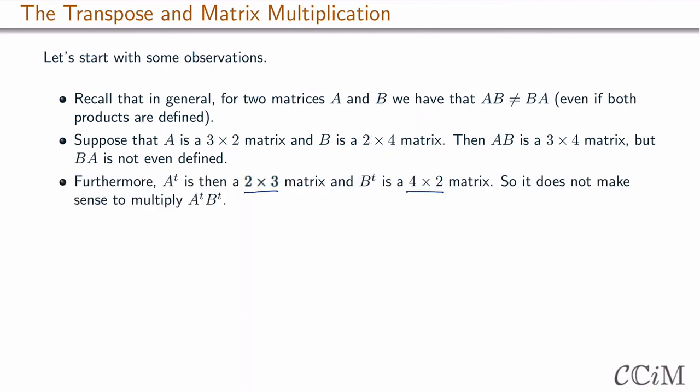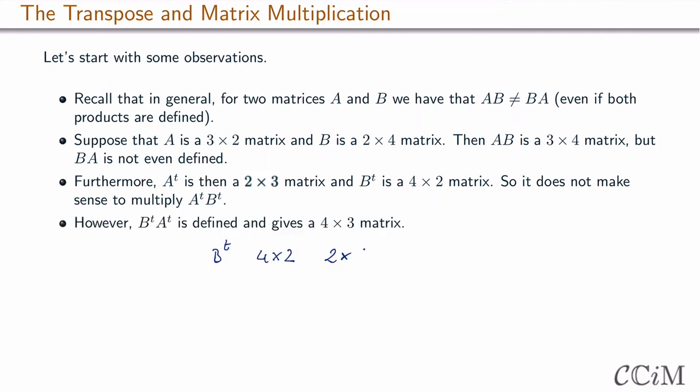Can I multiply A transpose by B transpose? A transpose is then a 2 by 3 matrix and B transpose is a 4 by 2 matrix. So it does not make sense to multiply A transpose times B transpose because the inside dimensions don't agree with each other. However, if I look at B transpose times A transpose, then the inside dimensions actually do agree with each other, and the result is going to be a 4 by 3 matrix.